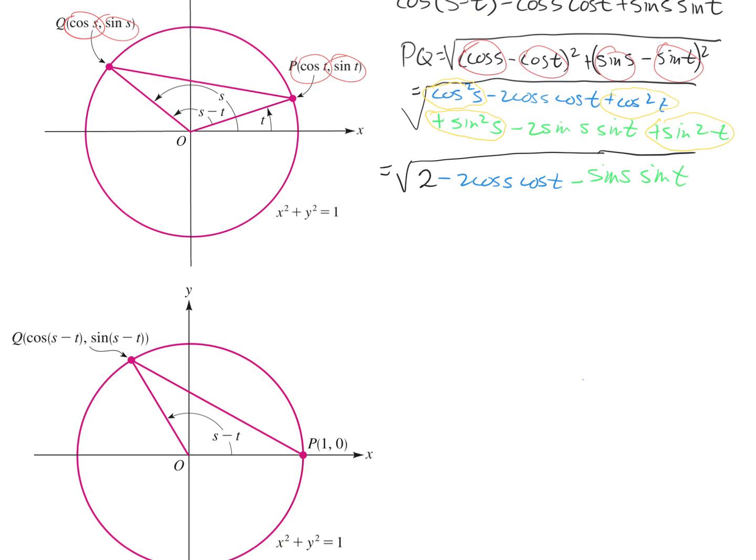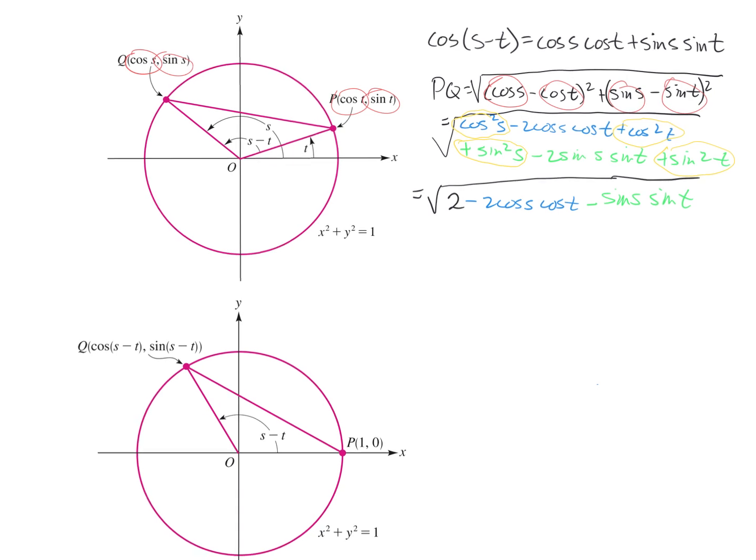And this point Q, this was a distance t from the x-axis, and now it's down low. So if that's a distance of t, then this distance here, as we rotate this over, is going to be s minus t. That angle distance is s minus t. Okay, so if we bring this over here, then that is going to be s minus t, right?